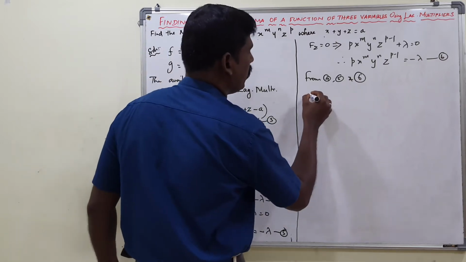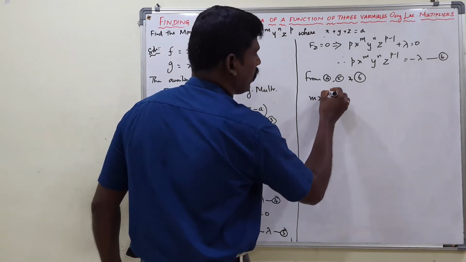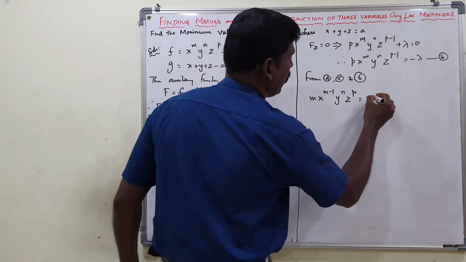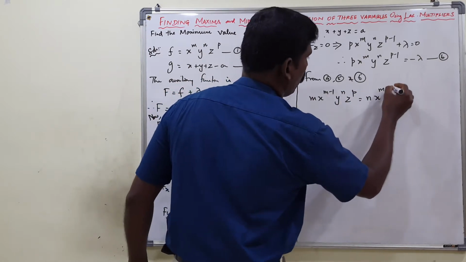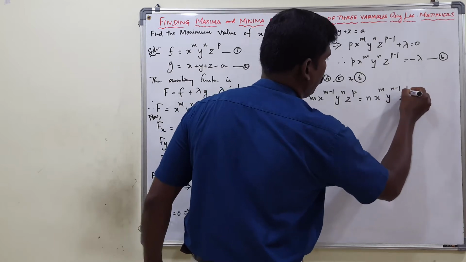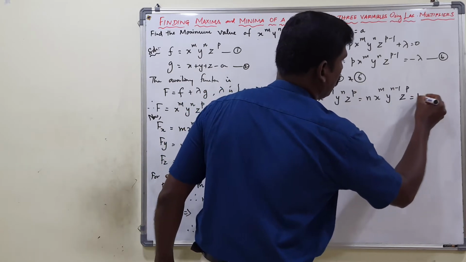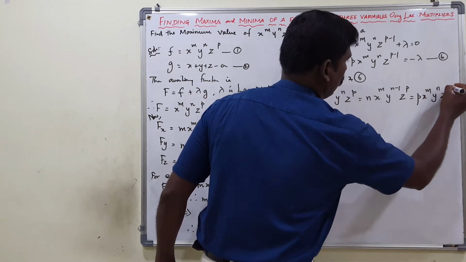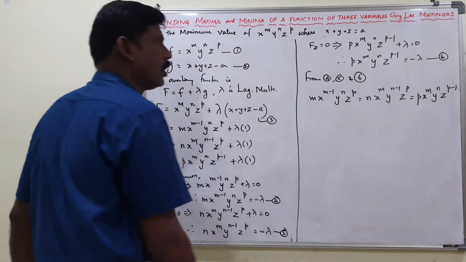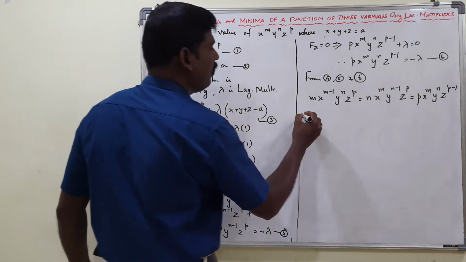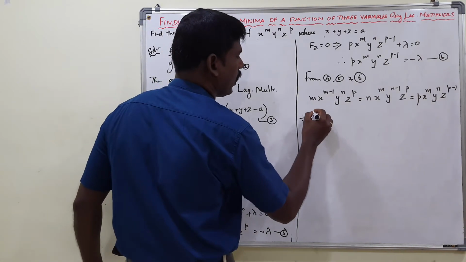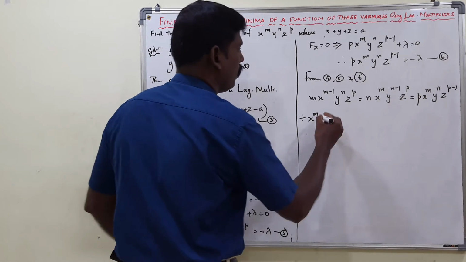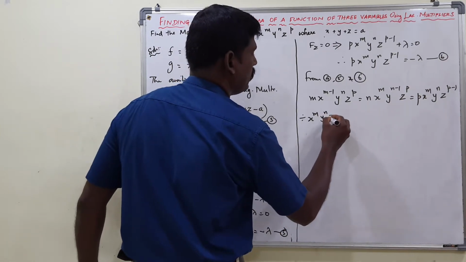So m into x power m minus 1 y power n z power p is equal to n into x power m y power n minus 1 z power p is equal to p into x power m y power n z power p minus 1. Shall we divide this by x power m y power n z power p?